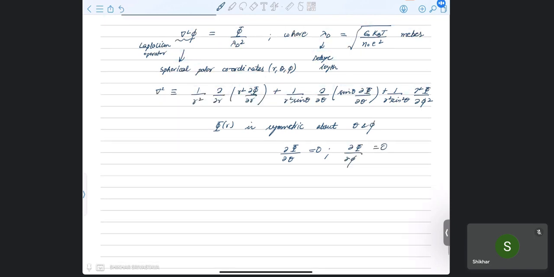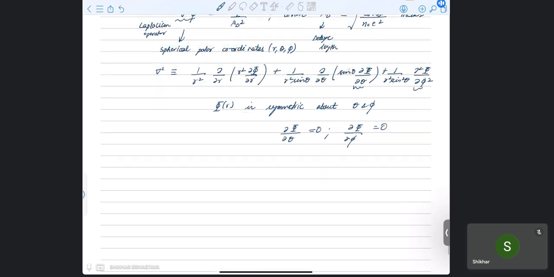All the terms which have derivatives with respect to theta and phi will go. What remains is that del square just has radial dependence, 1 upon r square del upon del r of r square del phi upon del r.